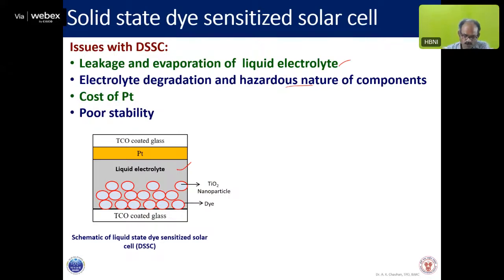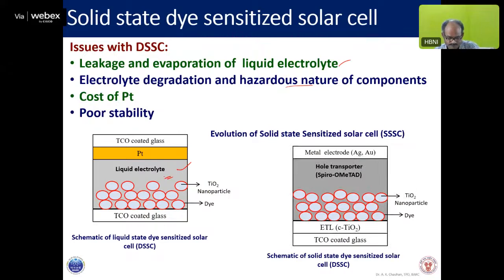So what should we do? Can we replace it with something solid? This liquid, of course, we can replace. We have found some solids, and if we can use these solids in place of this liquid, then at least these problems should be removed. But of course these problems are removed, but then many other problems were added.